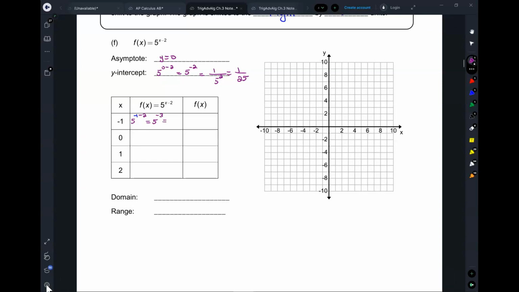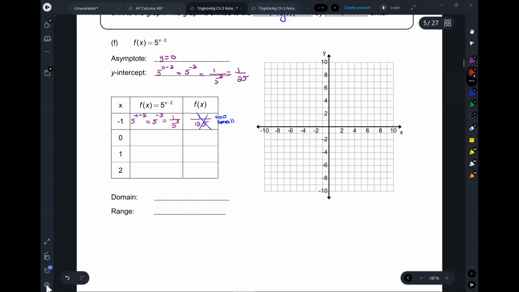A negative exponent means make the 5 a reciprocal. 1 over 5 to the power of 3. That is not a good number because that is 1 over 125. Can you even graph that? No. That number is too small. Not a good number, so I'm just going to not use it.